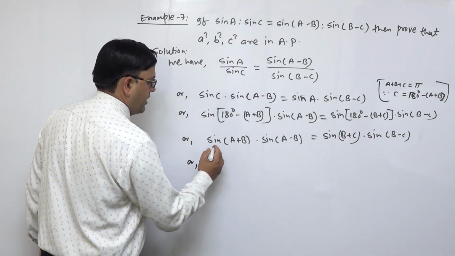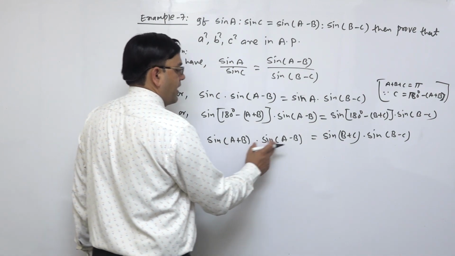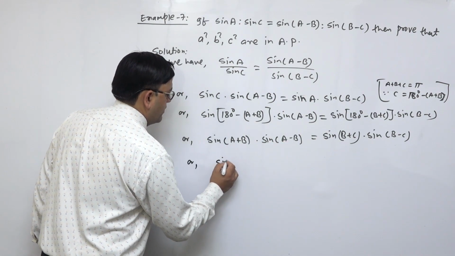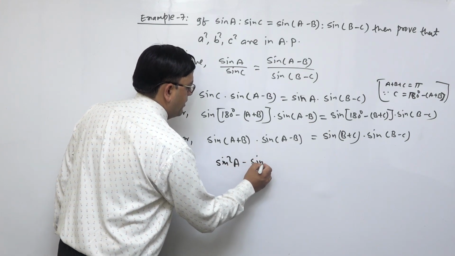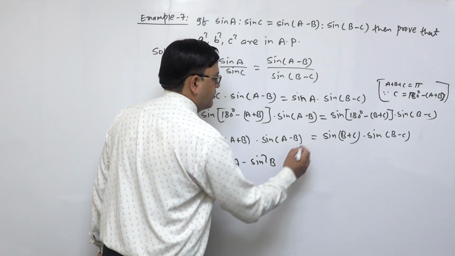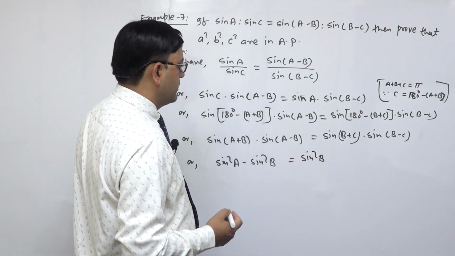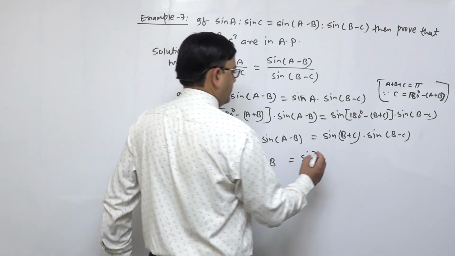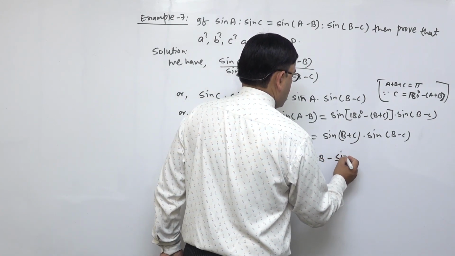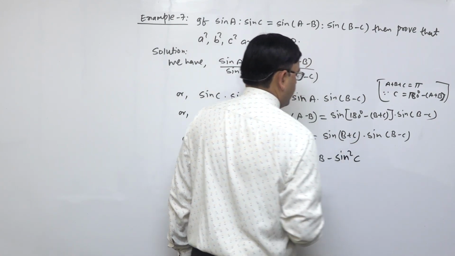Sin(A plus B) times sin(A minus B) is sin square A minus sin square B, which is equal to sin square B minus sin square C.